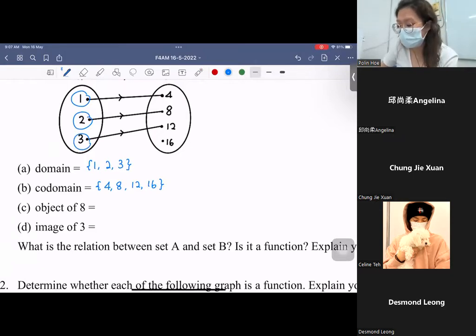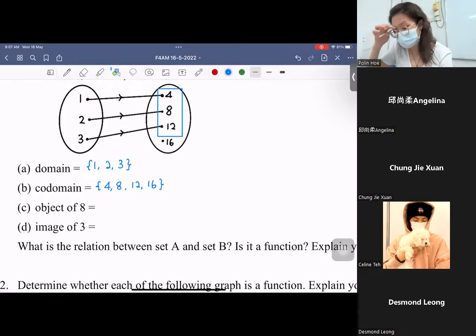And 4, 8, 12, and 16, we call it image. And I do believe that your teacher introduced the word range to you. What is range? Range is the set of images that have objects. Okay, so this will be my range.